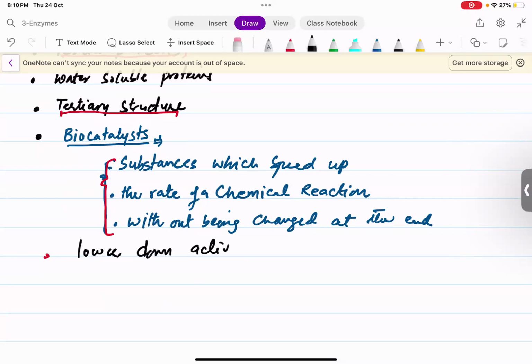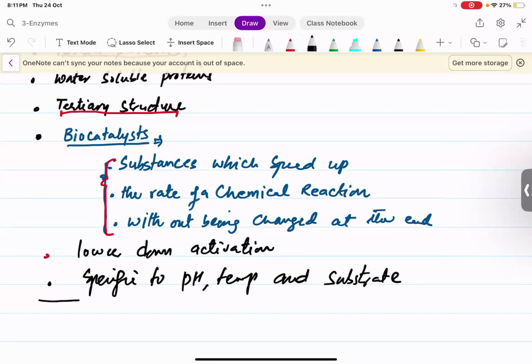We'll discuss what activation energy means. And enzymes are specific to pH, temperature, and substrate.